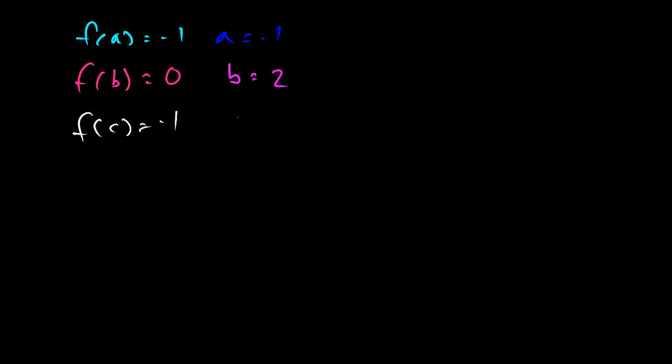So f of a was equal to -1, f of b was equal to 0, b was equal to 2, and a was equal to -1, f of c was equal to -1, and c was equal to 1 plus or minus root 2.